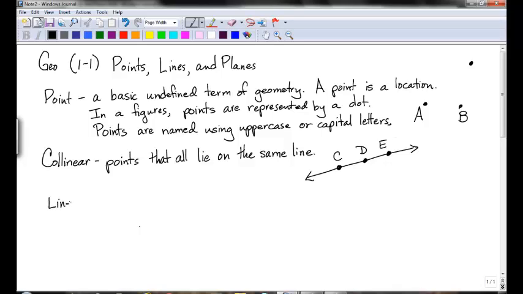And with that, we better define line. A line is a basic, undefined term of geometry.